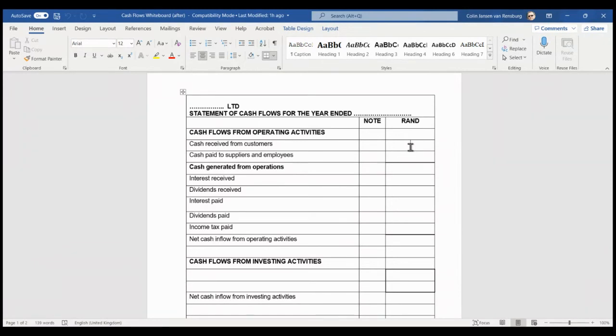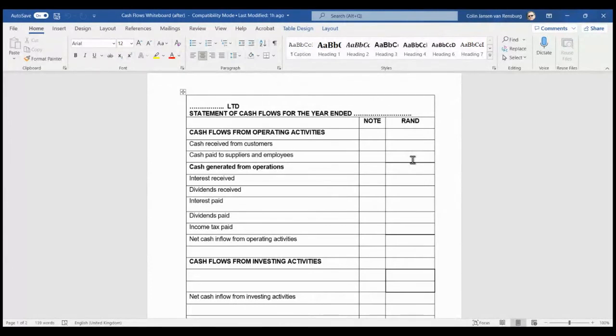Then the difference between your cash generated from operations and the amount that you calculate as cash received from customers will then simply be your cash paid to suppliers and employees. So in Financial Accounting 2, we determine cash paid to suppliers and employees simply as the difference between cash generated from operations and the cash receipts from customers.